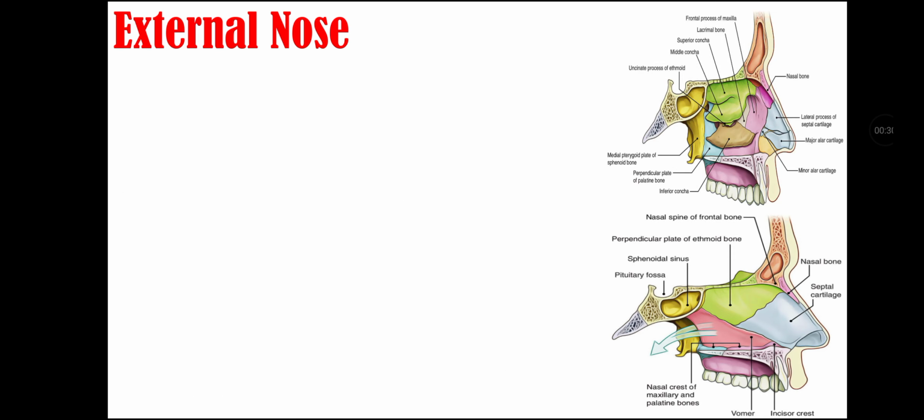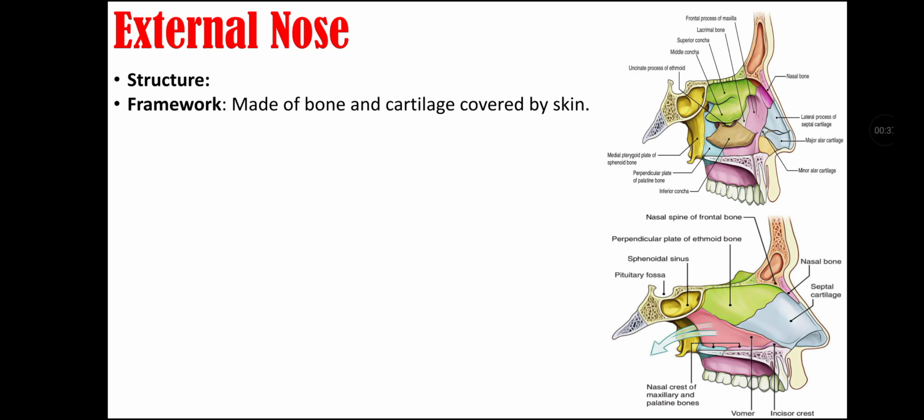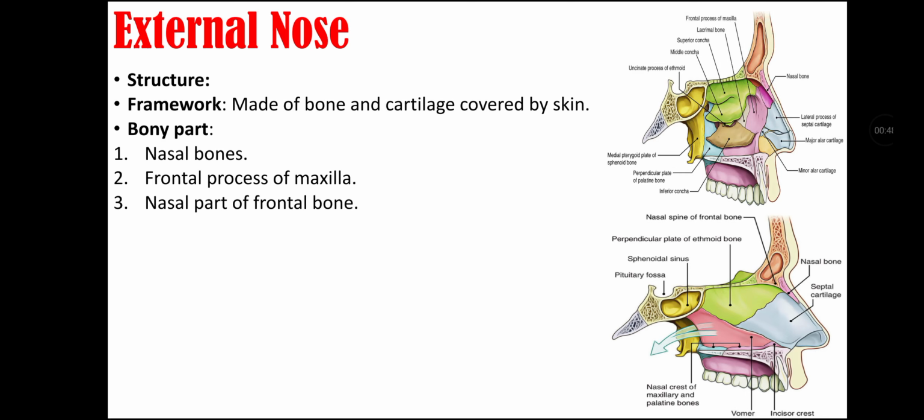So talking about external nose, that is the first part of a nose. Its structure includes its framework that is made up of bone and cartilage that is covered by skin. The bony part of external nose framework includes nasal bones, frontal process of maxilla and nasal part of frontal bone.